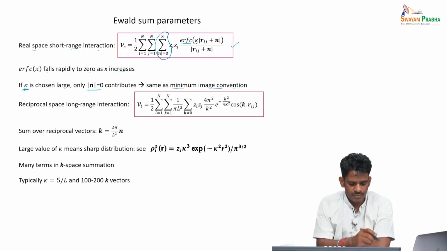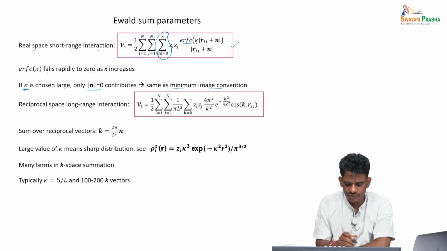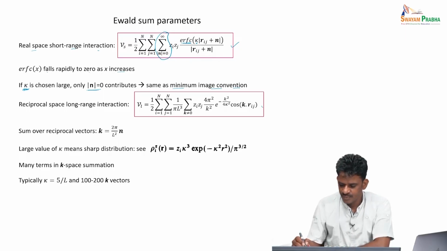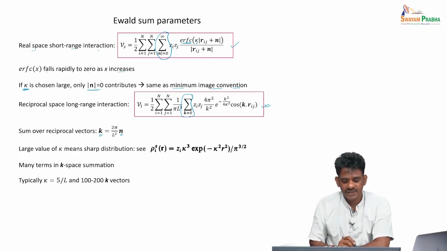Now, if you look at the reciprocal space long range interactions, what is the consequence of choosing a large kappa value? That is given by this expression where we need to sum over the wave vectors k, and this k is related to n by 2 pi over L squared. So, these are the set of reciprocal vectors that we need to choose.